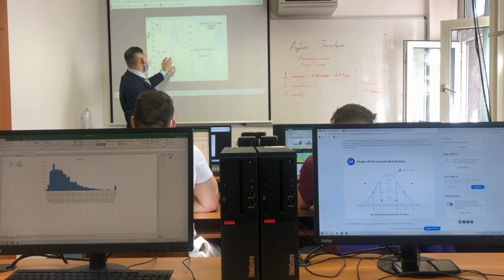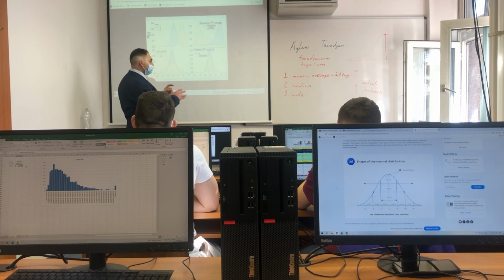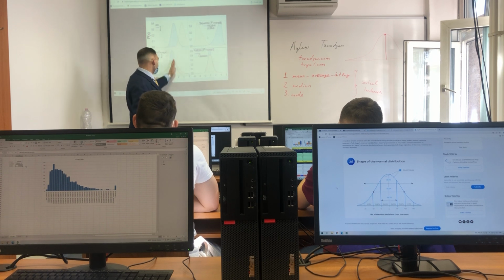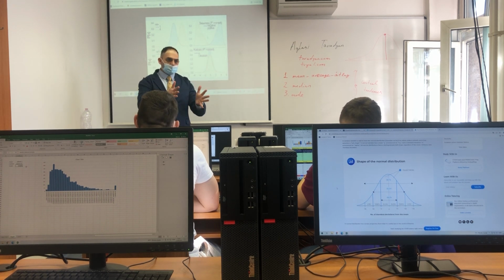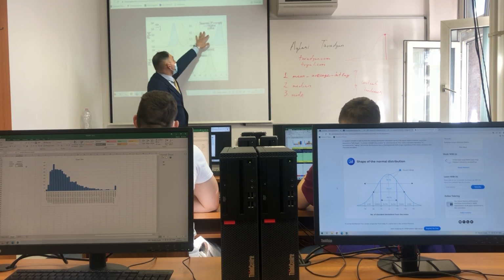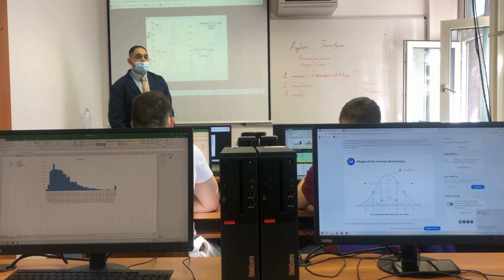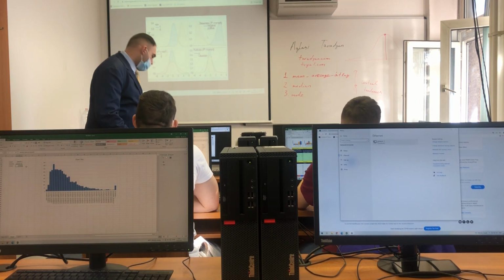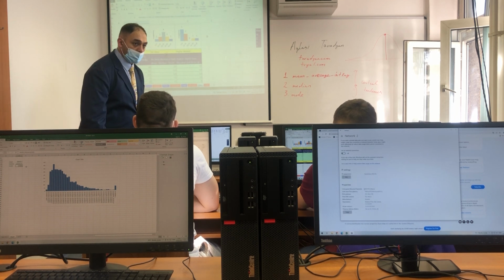We are not going to speak about the second moment yet, which says how much our data is spread from the central point: bigger, smaller, more spread, little spread. We are going to speak about the third moment. The third moment is skewness, which shows how much our population is skewed.